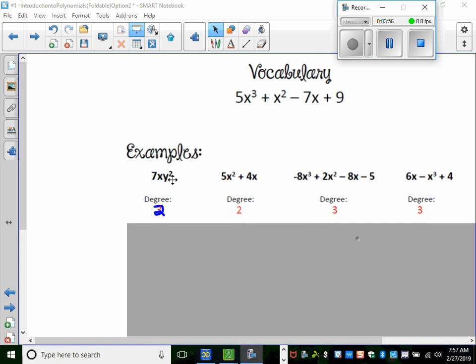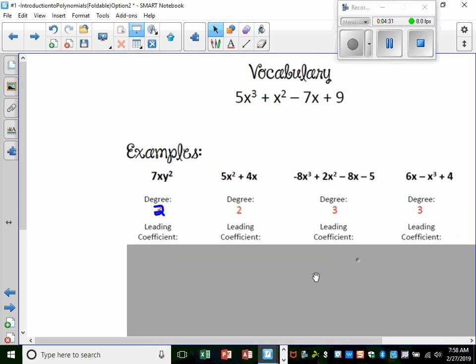So like here, the highest degree is 2. The highest exponent is 2. Here, the highest exponent between the 2 terms is also a 2. The highest degree here, and again, you're comparing all 4, is a 3. So you don't add them together, you just take the highest one you see. And the highest one here is also 3. So when it asks for the degree, it's asking for the largest exponent in the polynomial.